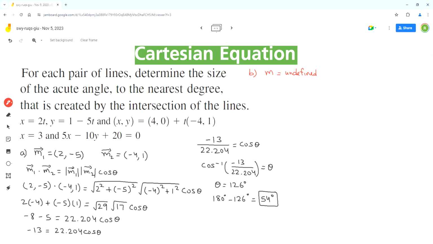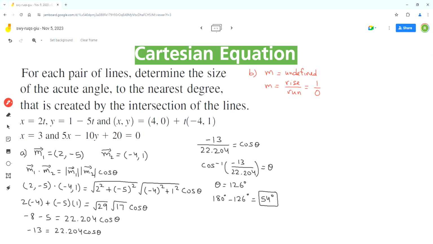The formula for slope is rise over run. The slope is undefined if the run is equal to 0. So one possible value for rise and run for the slope to be undefined is 1 over 0.